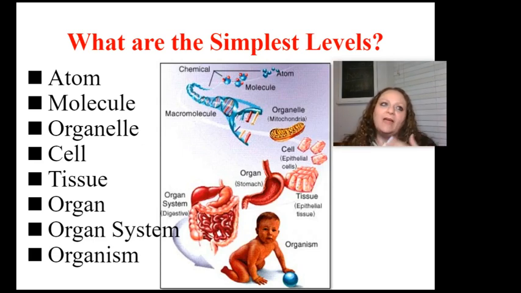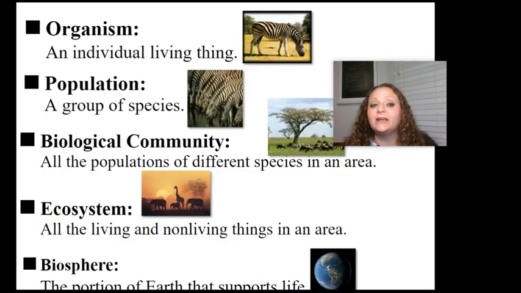So that is all the little stuff and the building up to that organism, that one individual. But the thing is, these are just the simplest levels. From this point, we're going to start talking about those relationships outside of the organism. So that's what we're seeing here.